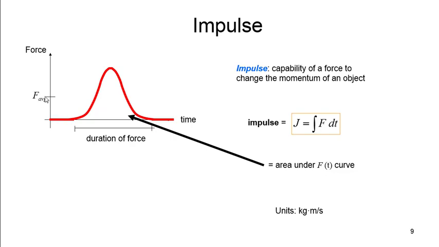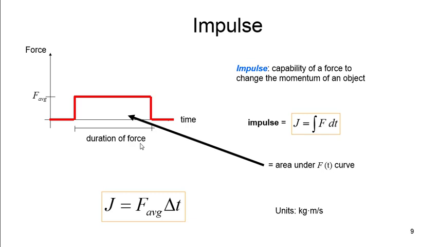And if you know your average force, then you can replace this weirdly shaped graph with a nice rectangle, where the area underneath this rectangle is the same as the area underneath this shape, as long as the average force is correct. Okay. So now to calculate the area of this rectangle, that's very easy. The height of the rectangle is F average, and the width of this rectangle is just the duration of the force, or how long the two objects are in contact, or just delta t.